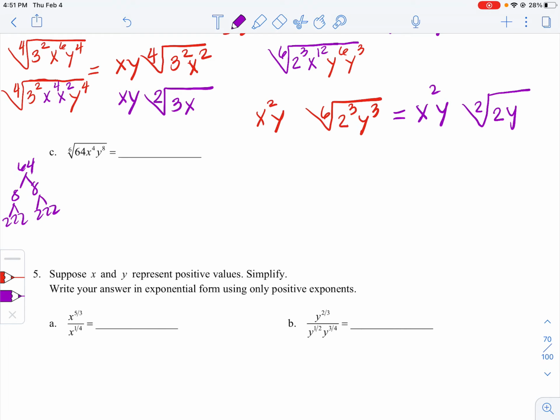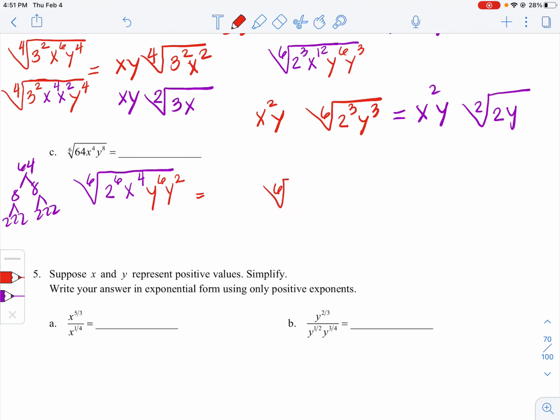So what I would do is write that under the radical: 6th root of 2 to the power of 6, x to the power of 4, y to the power of 6, y to the power of 2. Okay, and that still makes 8 y's.